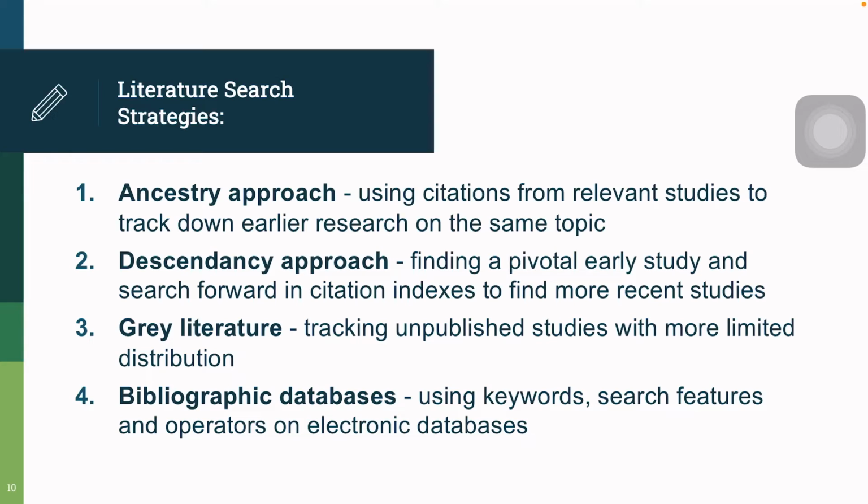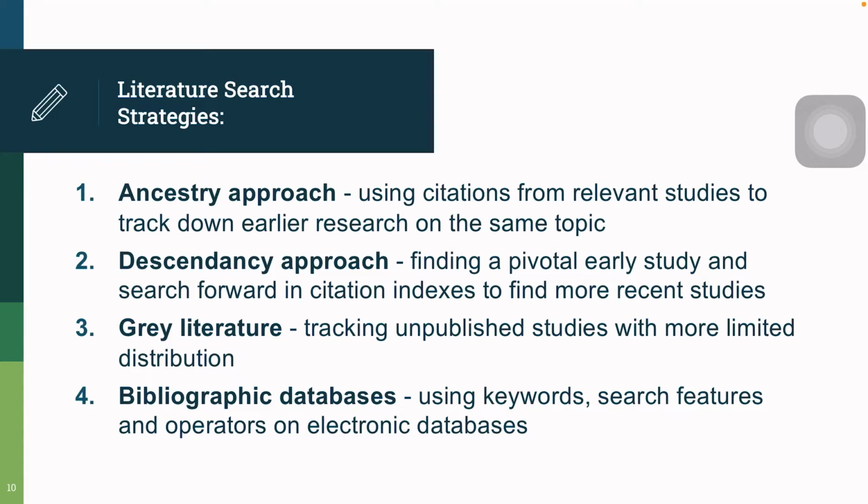Descendancy is moving forward: finding a pivotal early study, and searching forward in citation indexes to find more recent studies. With gray literature, these are unpublished studies, tracking unpublished studies with more limited distributions. And the last and the most common is your bibliographic databases.